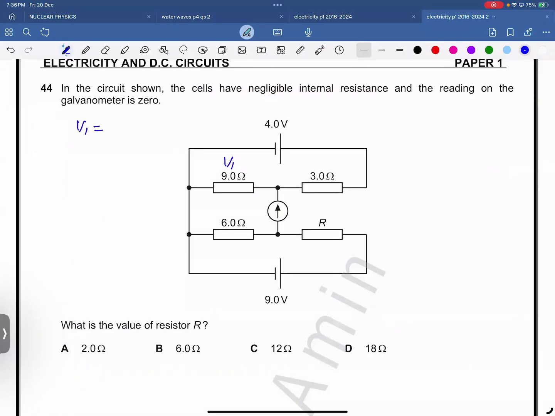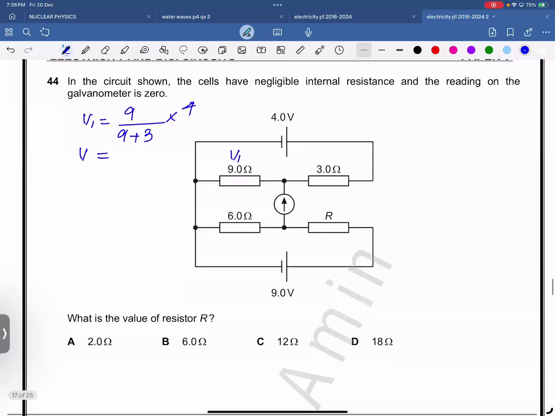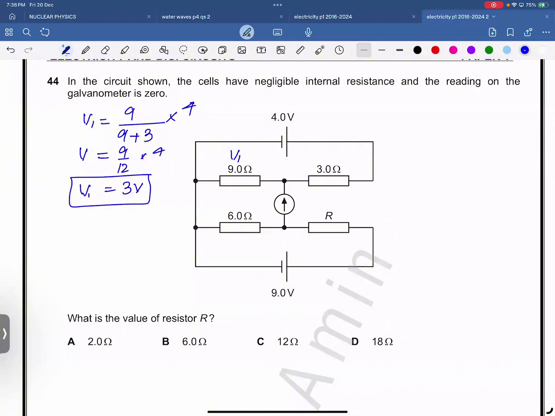The voltage on the upper terminal is the same as the voltage on the lower terminal. For the upper terminal, it is a potentiometer, a potential divider: 9 over 9 plus 3 times 4. 9 over 12 times 4, 3 volt. If V1 is 3 volt, it means V2 is also 3 volt.